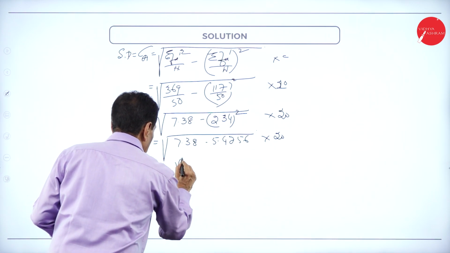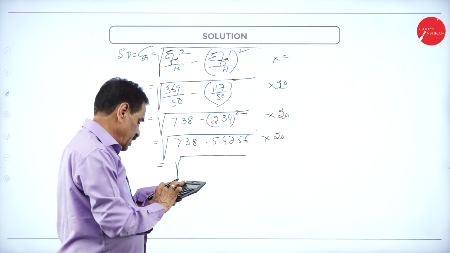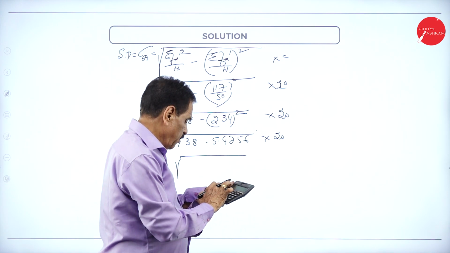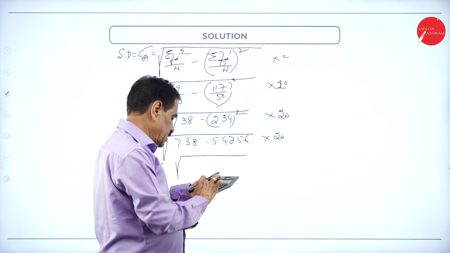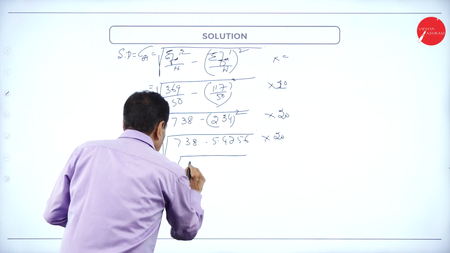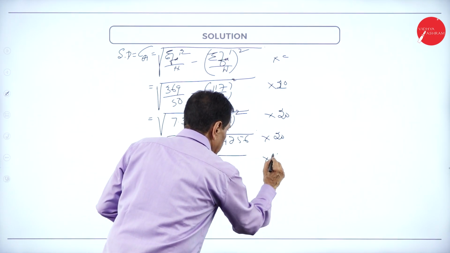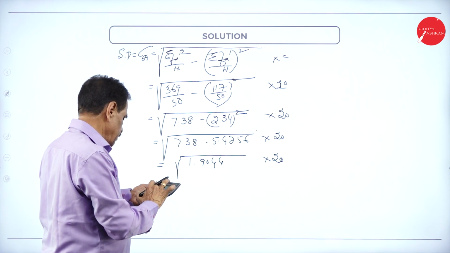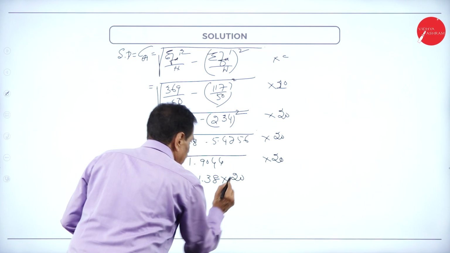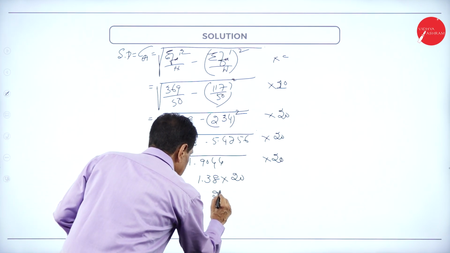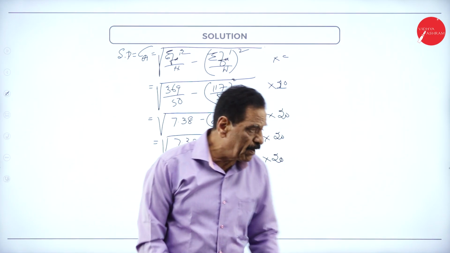Deduct: root of 7.38 minus 5.4756, 1.9044, into 20. Root of this, 1.38 into 20, 27.6. This gives me 27.6.